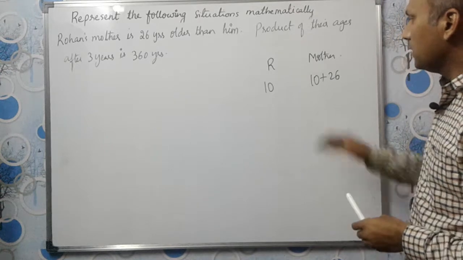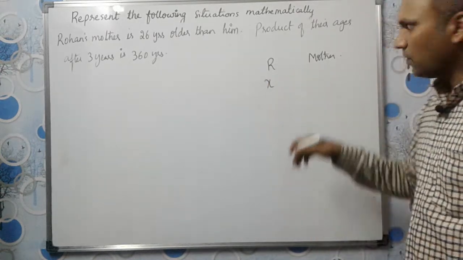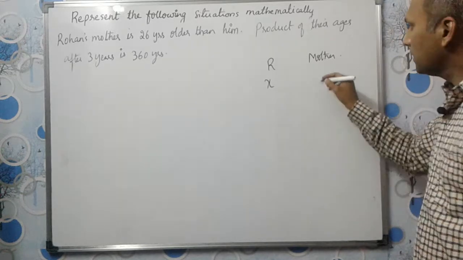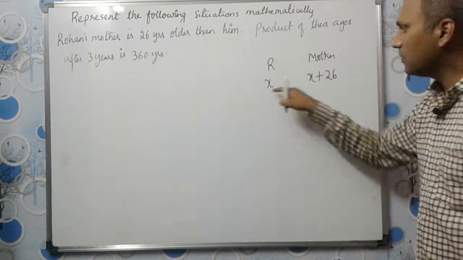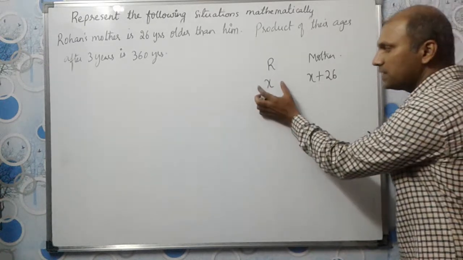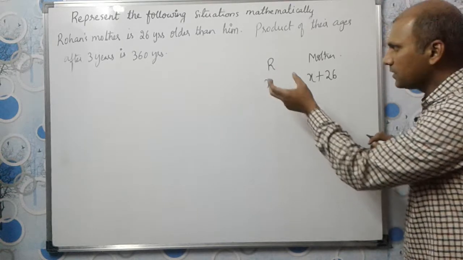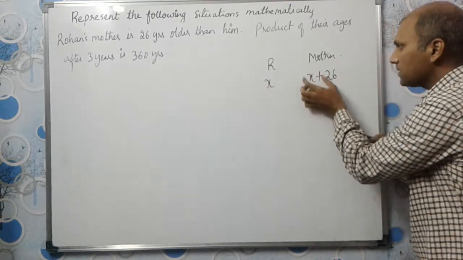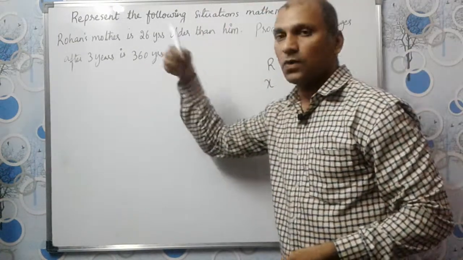All right. So if you take Rohan's age as x, what will be the mother's age? It will be 26 more than Rohan's age. Whatever we don't know, we need to take as x, right? So Rohan's age is x, and the mother's age will be x plus 26, because Rohan's mother is 26 years older.